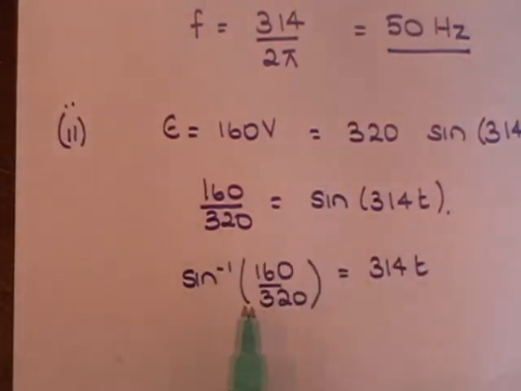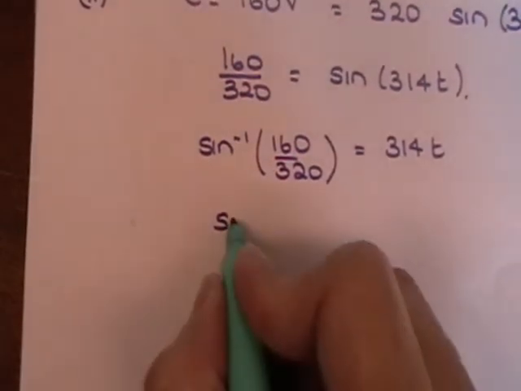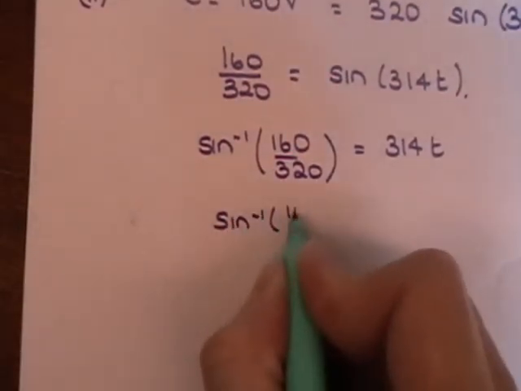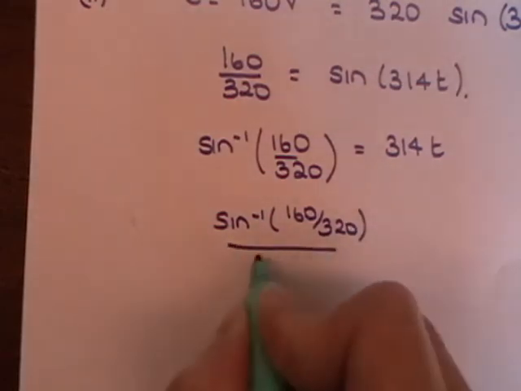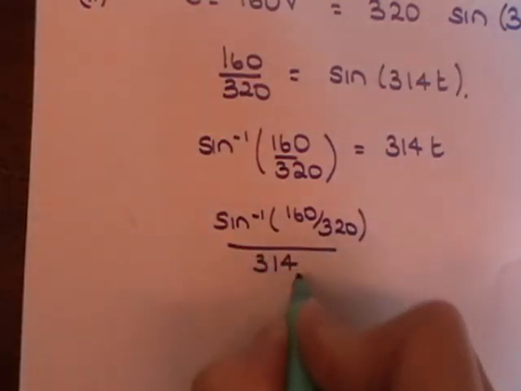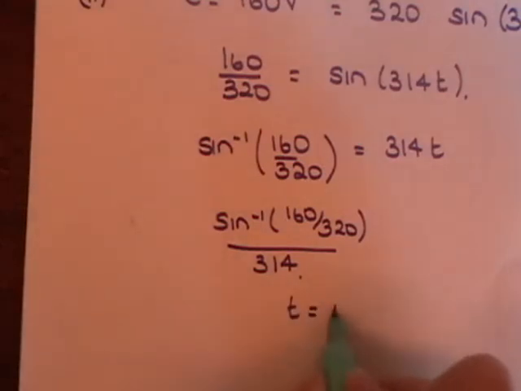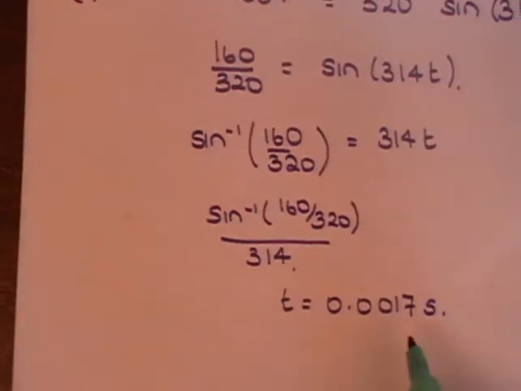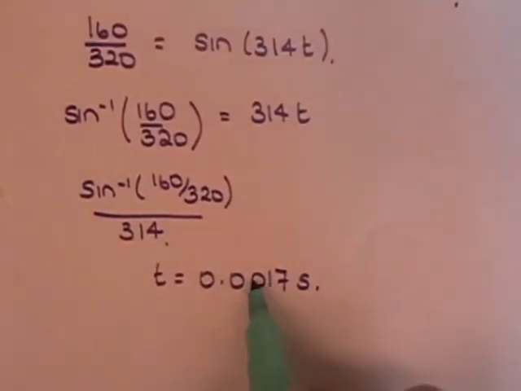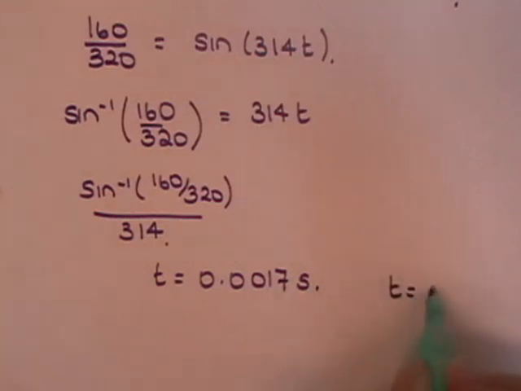And therefore t is equal to the inverse sine of this divided by 314. And therefore t comes out to be 0.0017 seconds. And you're asked for your answer in milliseconds. And so if you count 1, 2, 3 decimal places, that's 1.7 milliseconds is your answer.